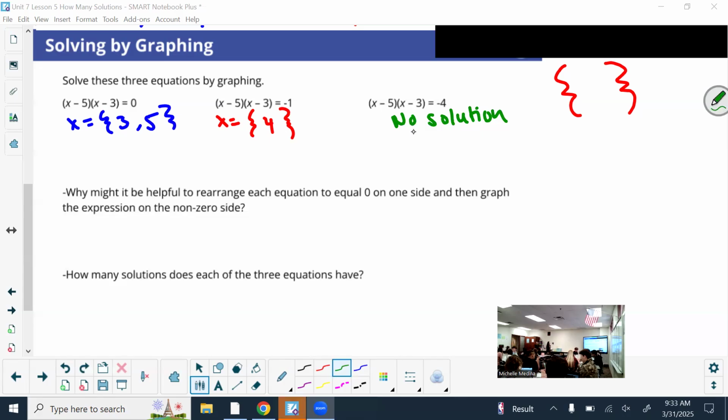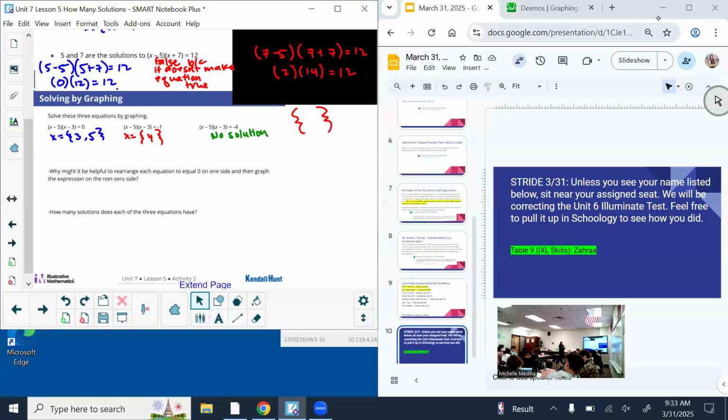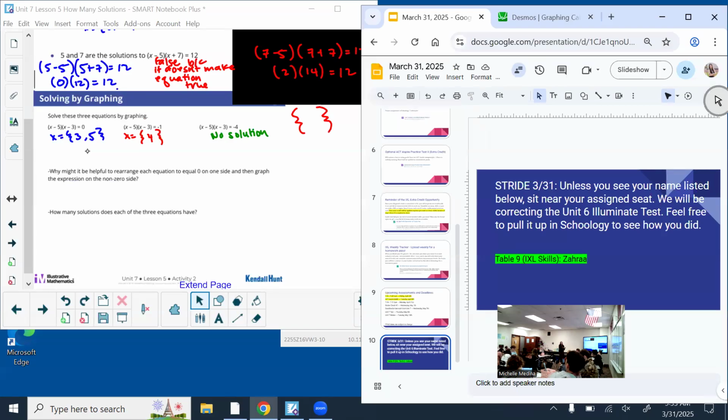So when it says, why might it be helpful to rearrange each equation to equal 0 on one side and then graph the expression on the non-zero side? Well, hopefully we know what that means, like the vocabulary used there. Rearranging to where it's equal to 0, no matter what it is.